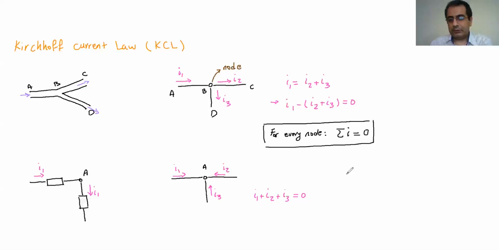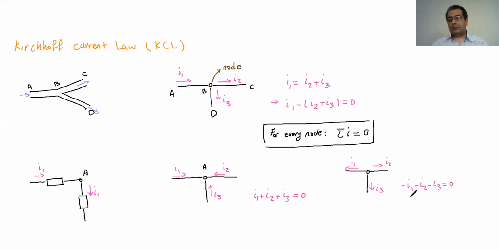Don't get confused. So again, if I have the same thing here, and assume all of them are leaving. So assume I have I1, I2, and I3, all of them leaving. Again, I would do the very same thing. I would say that negative I1, negative I2, negative I3 is 0. And then when you analyze the circuit, some of them may come out positive, some of them negative.